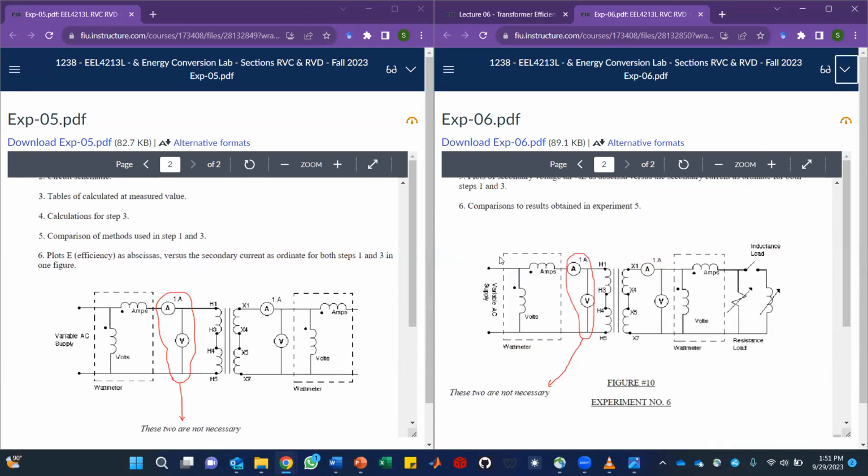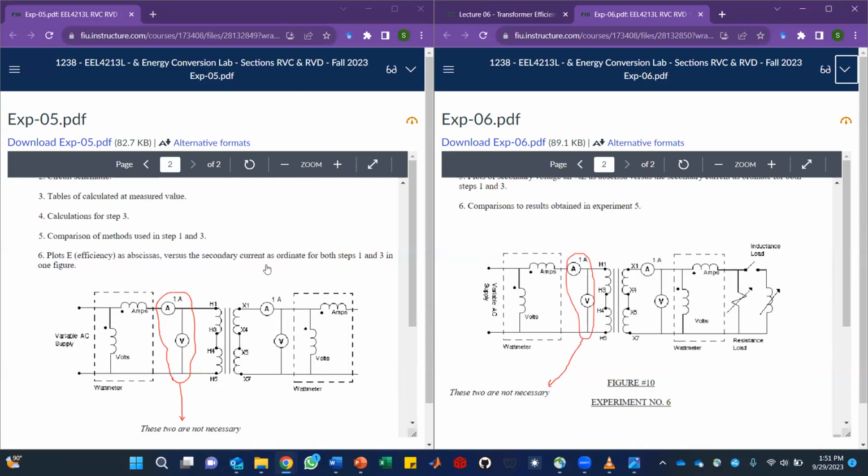The basic difference between 5 and 6, as I've told you earlier, is that in experiment number 5, the load for each case will be resistive, and for experiment number 6, the loads are RL loads, just like this figure.